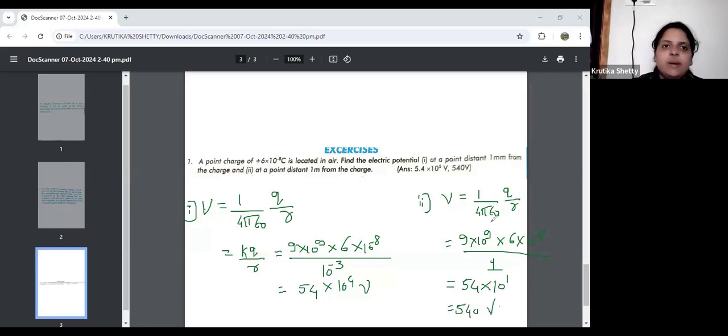I am going for the theory part now. Yes, if I only give derivations you feel bored, so I have taken some numericals. Okay. Clear?